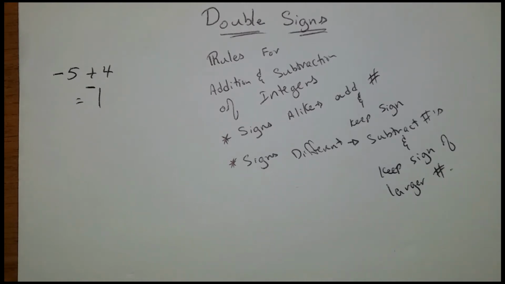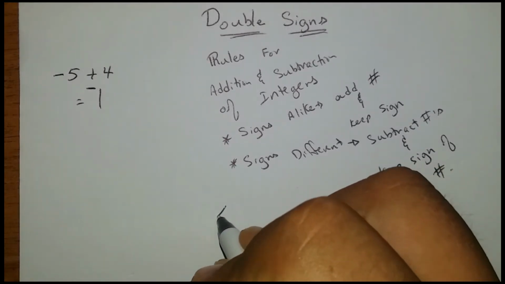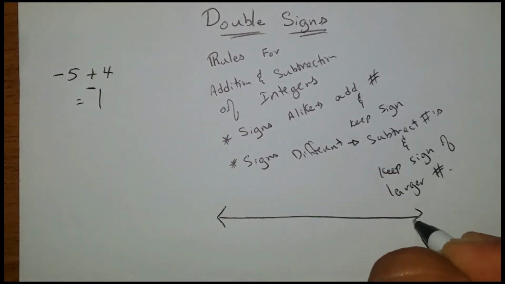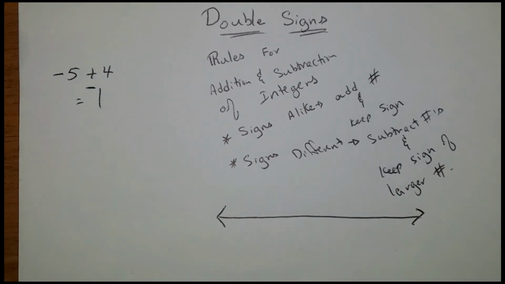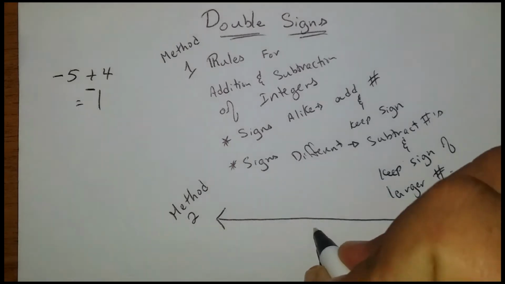There is another way that some teachers would use, and remember, all of this is just to help you guys understand addition and subtraction of integers. Now, with the number line, the first thing that you need to do is write your number, negative 5.